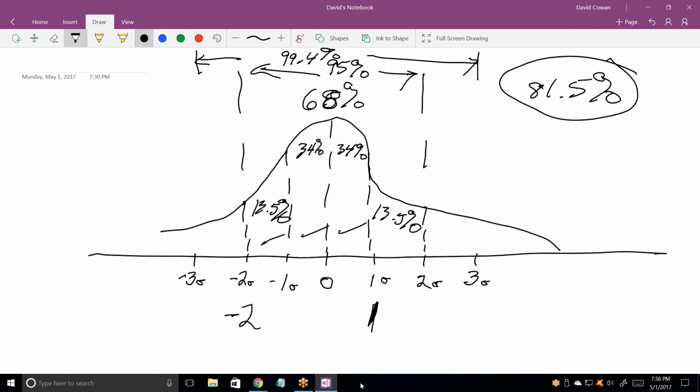If you said, what percent of the data will fall between -1 and 1? The answer would be 68%. But because we're going from -2 to 1, we need each of these zones.